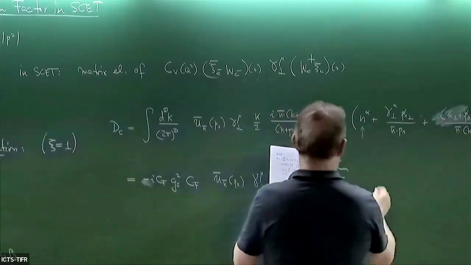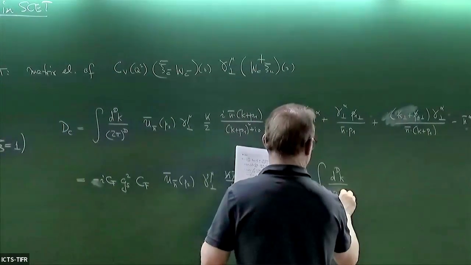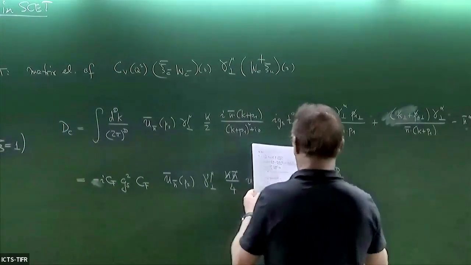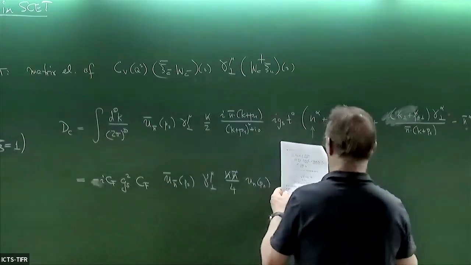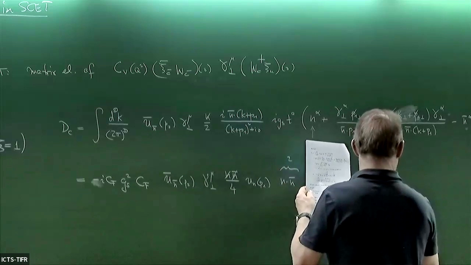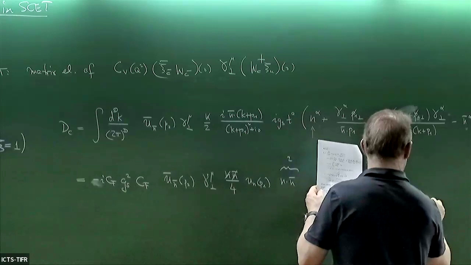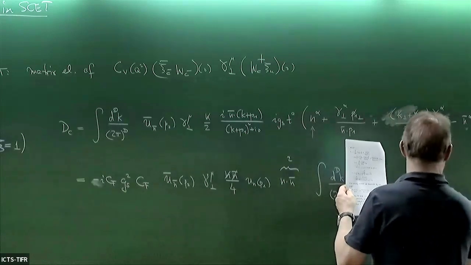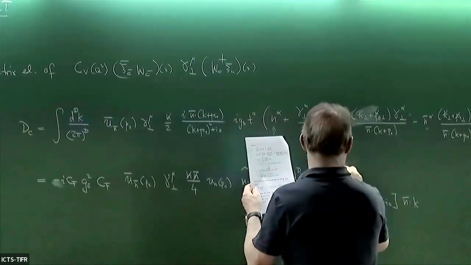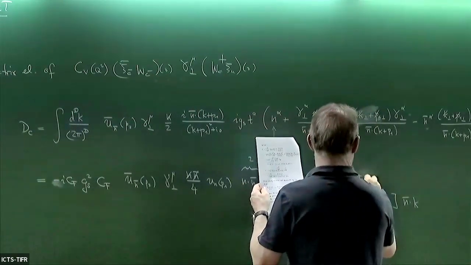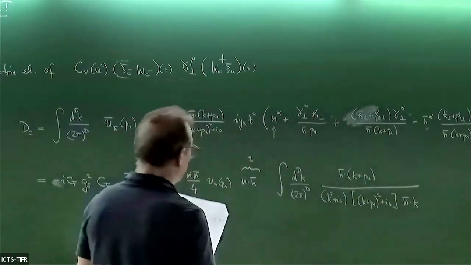And now we have a loop integral, which is not too difficult, which has k squared plus i0, (k plus p1) squared plus i0, and here n bar dot k. And upstairs we have n bar dot (k plus p1).